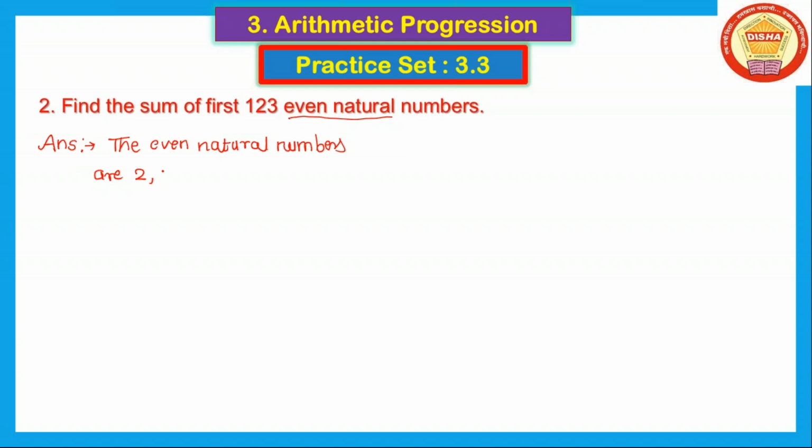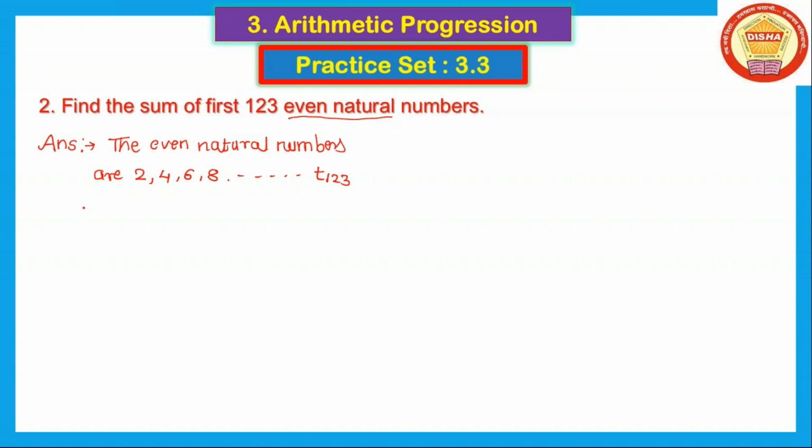So we write here 2, 4, 6, 8, and so on, up to t123. That term is not known here. Means we have to find the sum of all the terms present in the given AP.